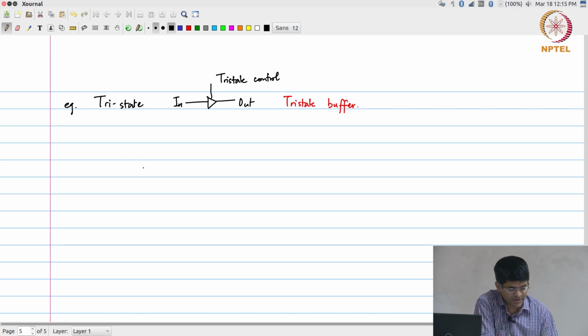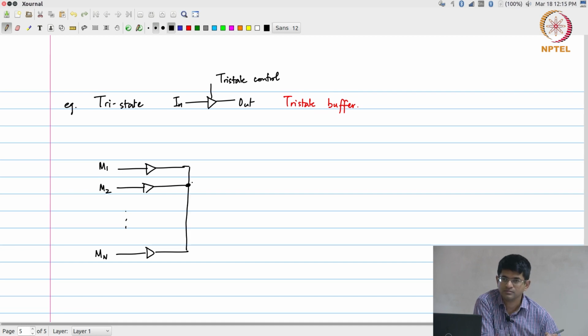What I can do with those is, I will take the output from M1, take the output from M2 up to Mn, and what do I do with these wires? I simply short all of them together, right.